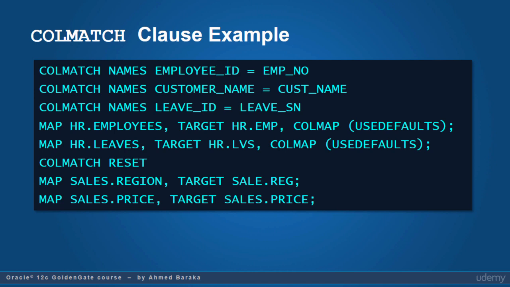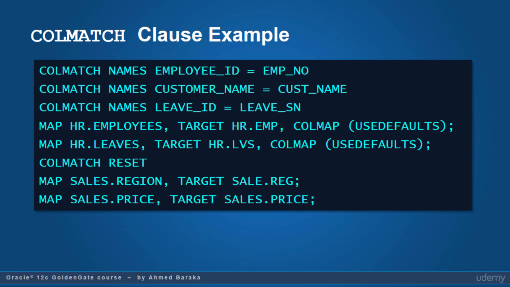So, if the employee ID column exists in the employees table, it will be mapped to the column emp number in the emp table. The same applies for the leaves table.